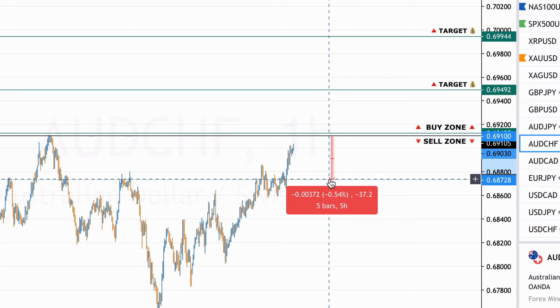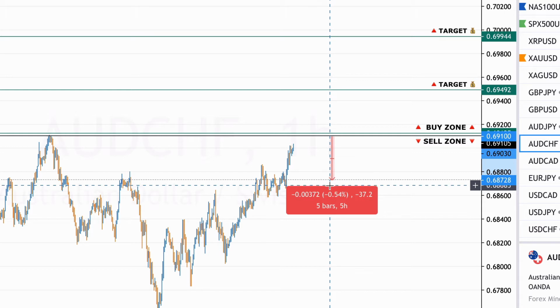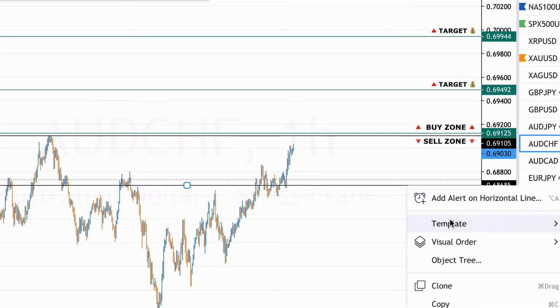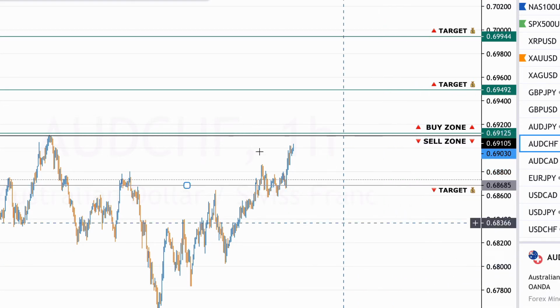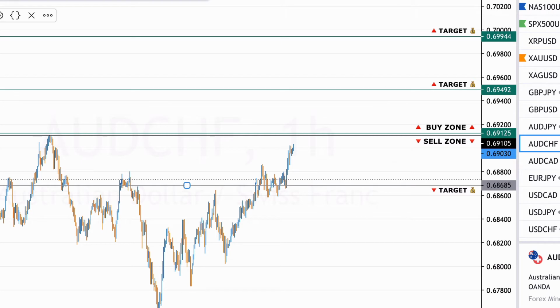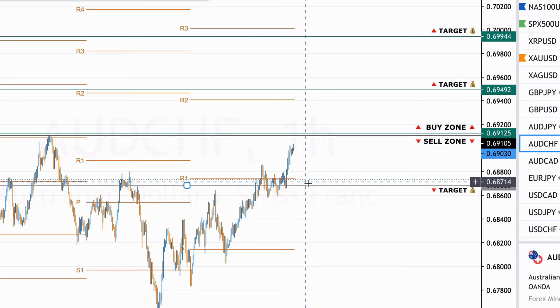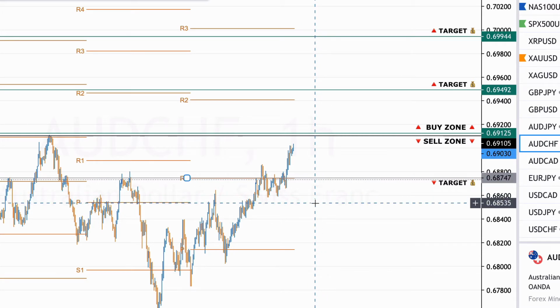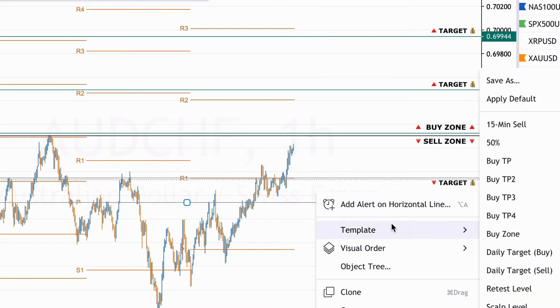Right in here. Actually, it will come down right here. That's why I use my pivots too. Okay. Yep. Right in here. Second area, target.